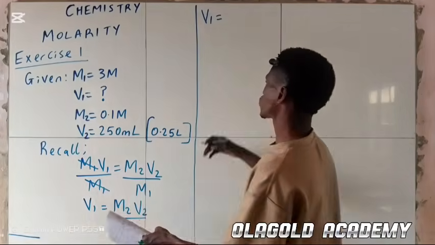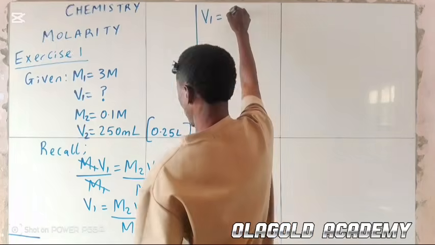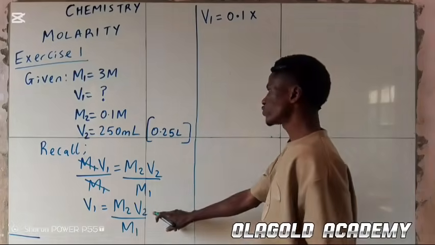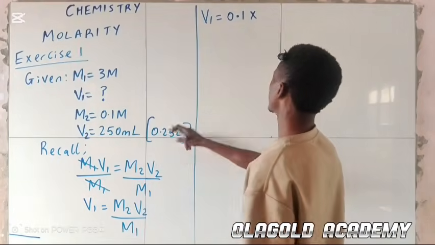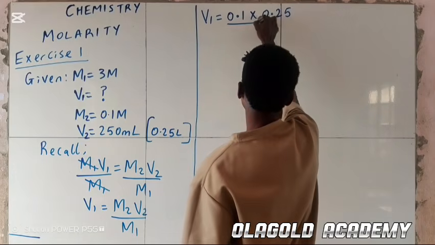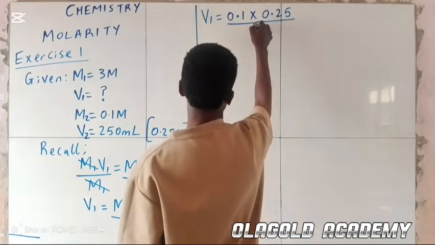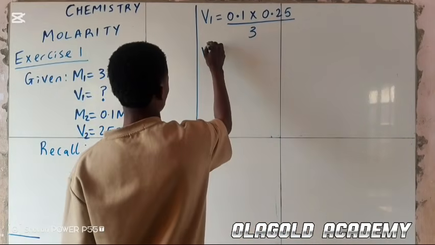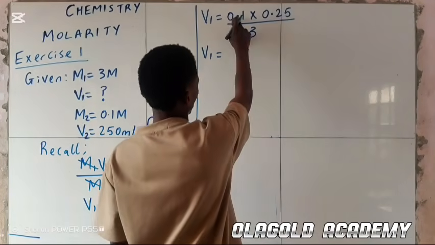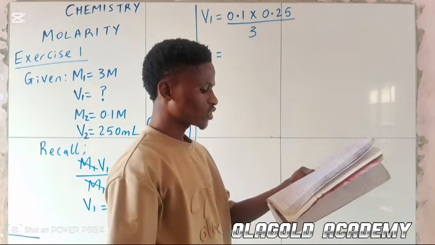So V1 equal to M2. M2 is what? 0.1. So we have 0.1 multiplied by V2, which is 0.25 liters, over my M1, which is 3 molar, so we have 3 here. If we multiply 0.1 times 0.25, we are going to get 0.025.